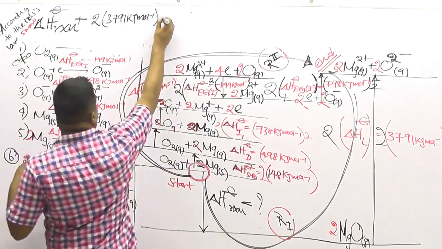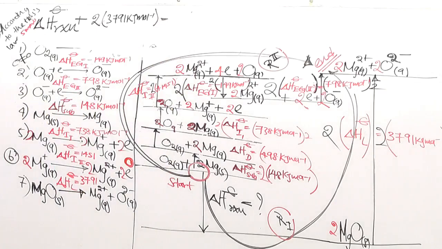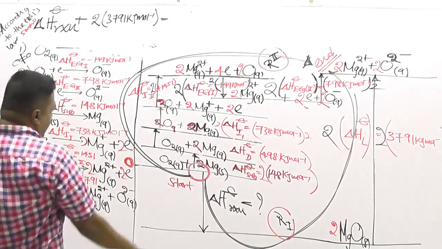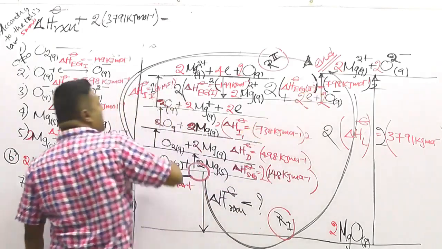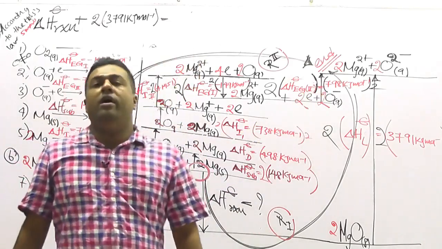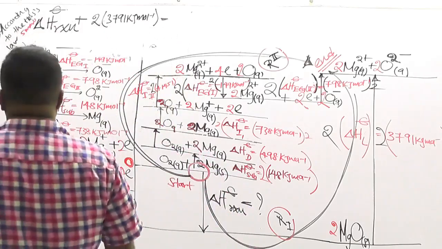That is equal to what? The other root. The summation of enthalpy changes of one root is equal to the summation of enthalpy changes of the other root. That is what you call Hess's law.